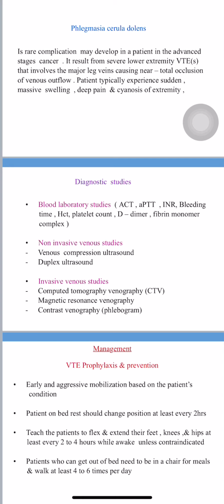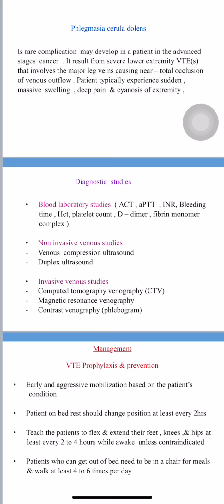Next is invasive venous studies, which may include computed tomography venography. It uses spiral CT to evaluate the veins in the pelvis and thighs, and it may be performed after giving an injection of contrast material.